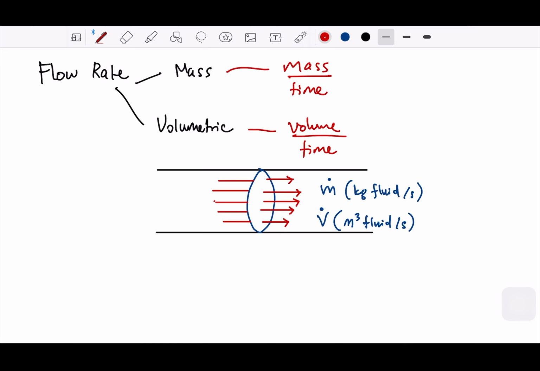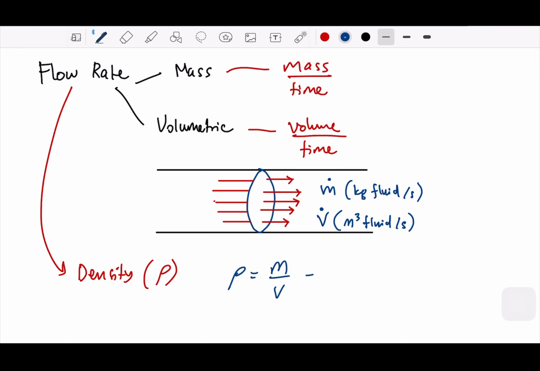And the key in the flow rate is the density. Okay, the key is the density. Which means that density in every substance will be the same, right? Whatever the amount of substance, so we can convert the volumetric or the mass flow rate with the density. Okay. So we can write this as mass over volume, still equal with the flow rate.